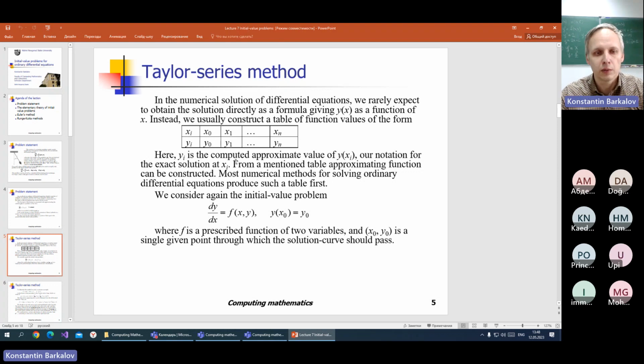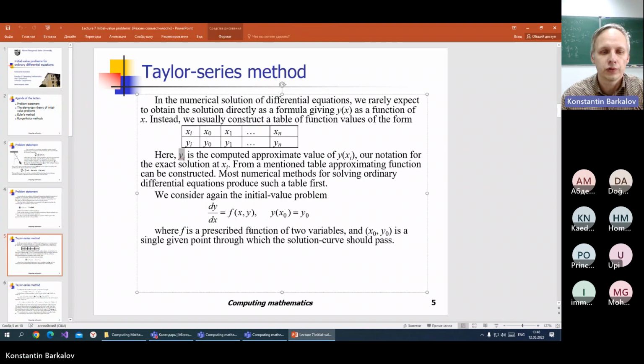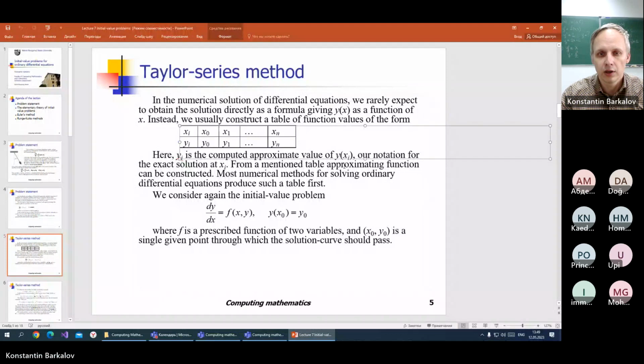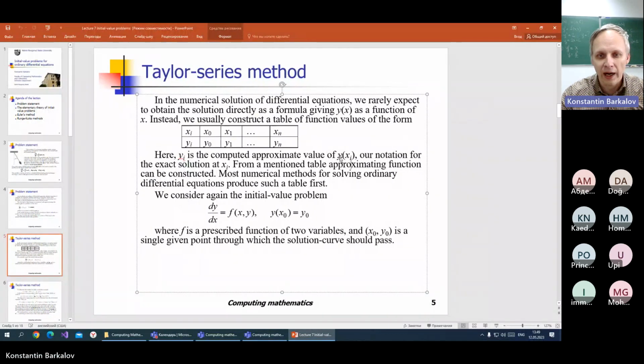And here we will use the notation yi to express the computed approximate value of the real function value y of x at the point i.